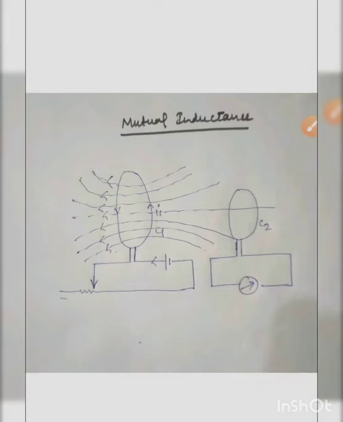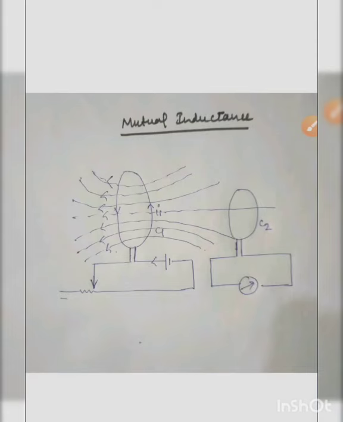Consider a closed circuit C2 placed in the magnetic field of closed circuit C1. The flux linked with the circuit C2 depends upon its position and the current flowing in the coil C1. If the relative position of C2 is fixed, the flux linked with C2 is constant for a constant current in C1.